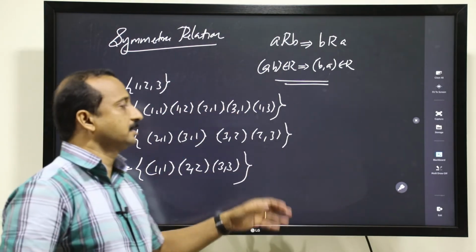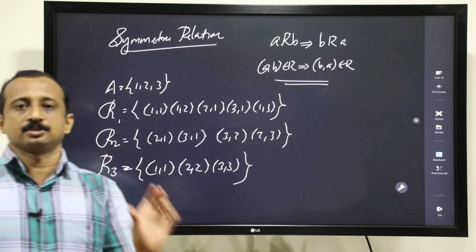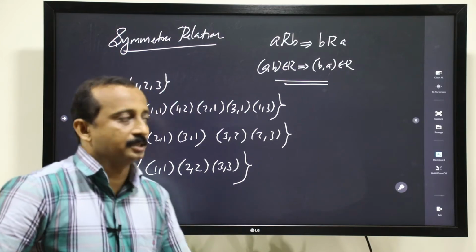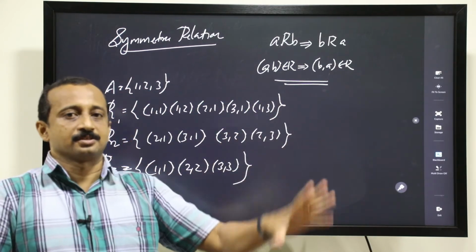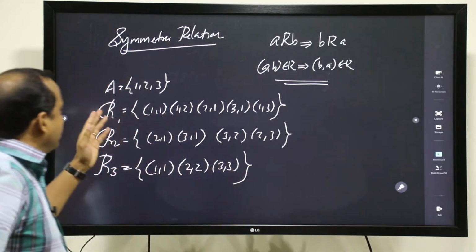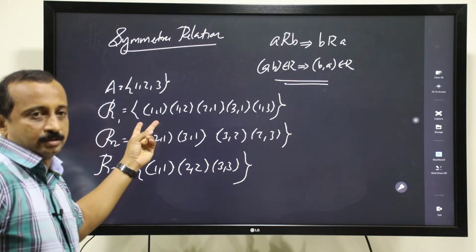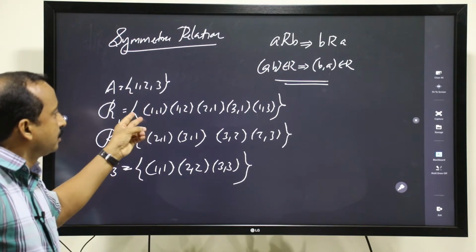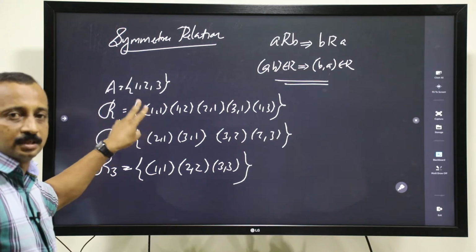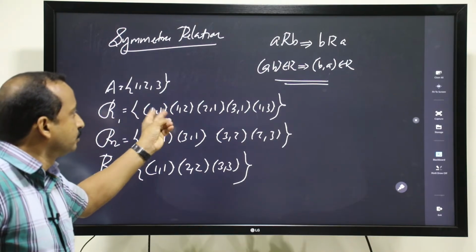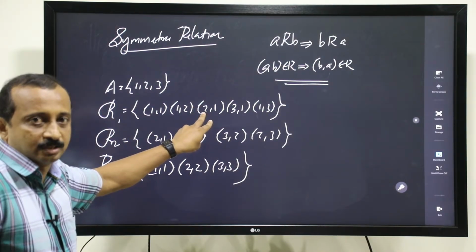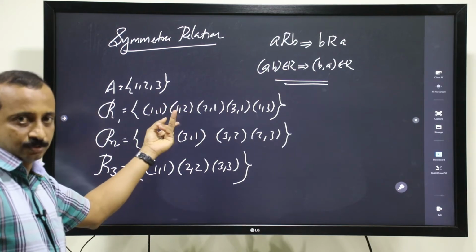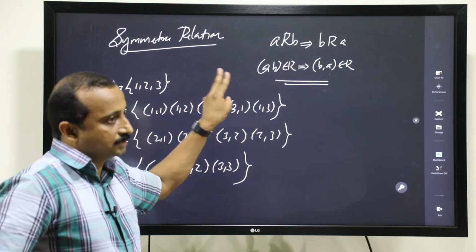Symmetric definition states that if (A, B) is an element of the given relation, then compulsory (B, A) is also an element of that relation. Here the first relation (1,1), reversing the x and y component, we get (1,1), which is also an element of that relation. (1,2) reversing gives (2,1), which is also an element. (2,1) gives (1,2), an element. (3,1) gives (1,3), an element.